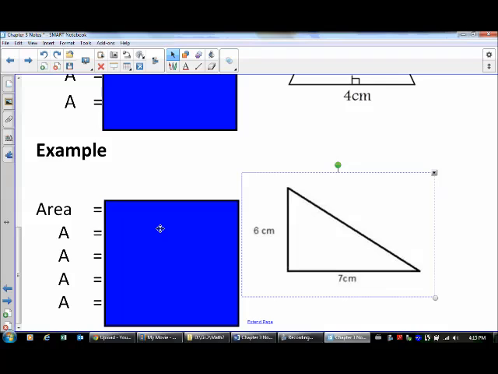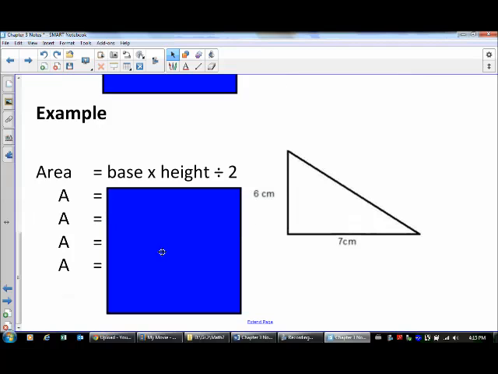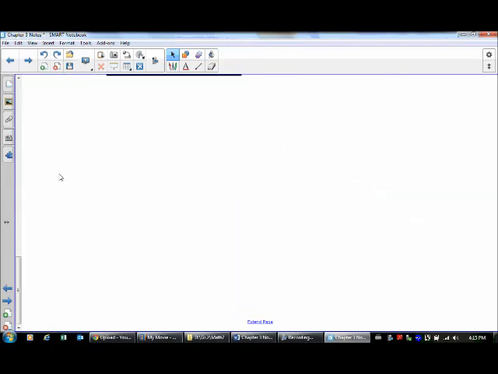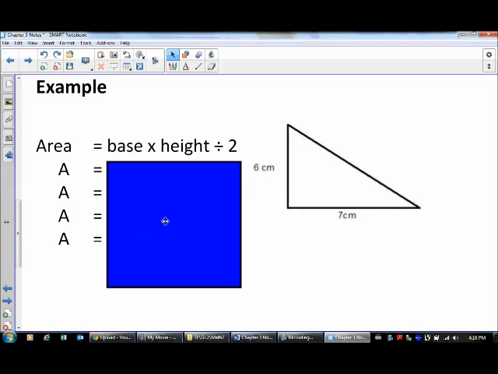So our formula for calculating the area of a triangle is, that's right, base times height divided by 2. In this orientation, our base is 7 centimeters and our height is 6 centimeters, so we plug that in.